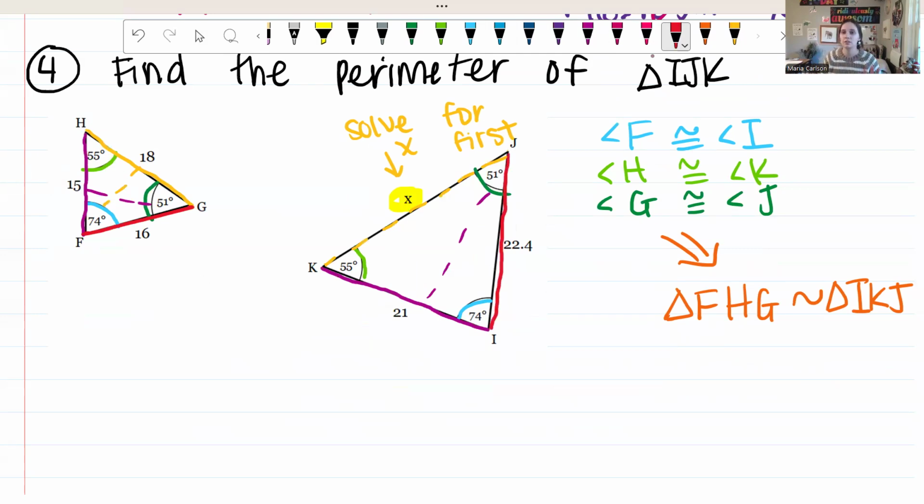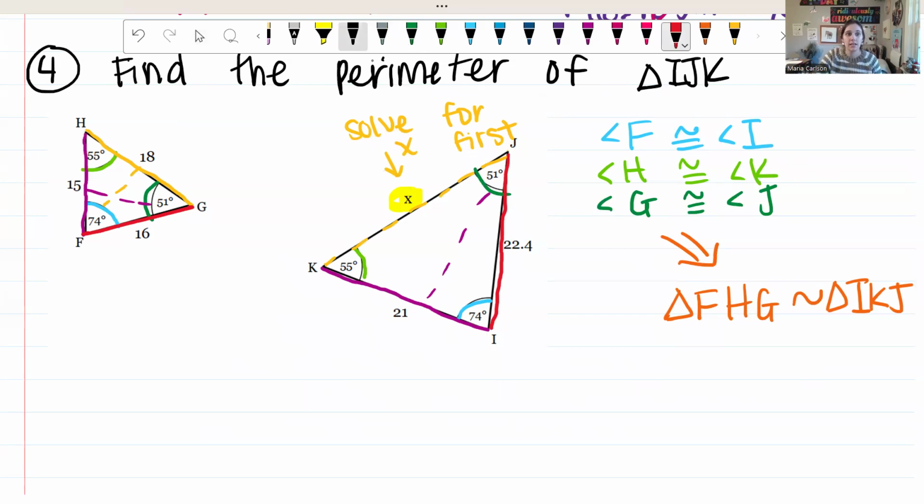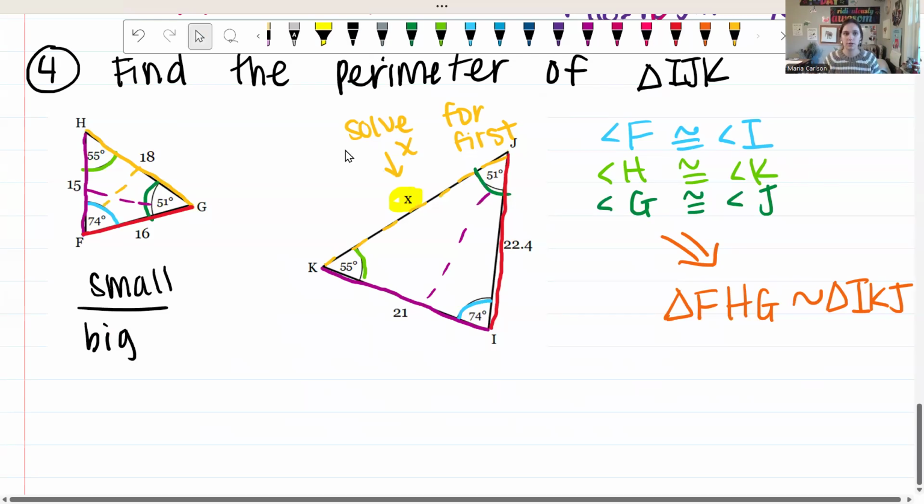So I need to pick two sets of these corresponding sides, and one of them should have the X. Now the ratios I'm going to write, I'm going to start with the small value on the top, and then I will put the larger value on the bottom.